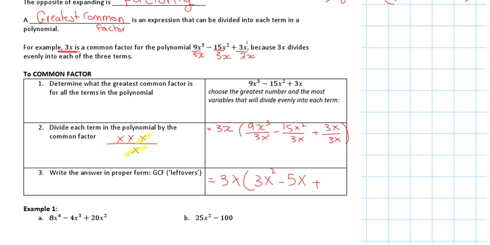Anything divided by itself is 1. So the answer for this one is 1. In this case, this is my greatest common factor, and whatever is here is my leftover. When you're writing your answer, you're going to write your GCF, and then you're going to write your leftovers in brackets.